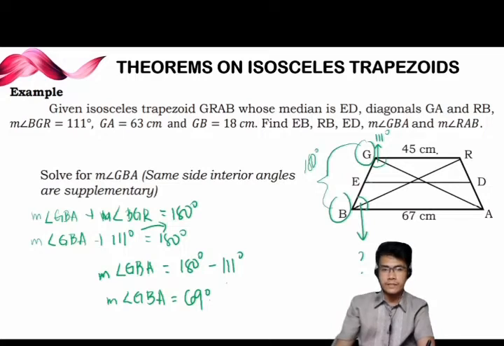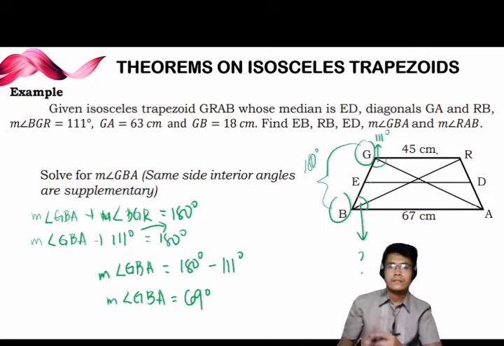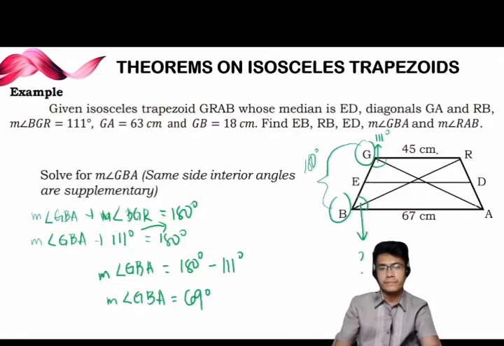Checking: 69 plus 111 is 180. Therefore, the measure of angle GBA is equal to 69 degrees. Let's box our final answer.